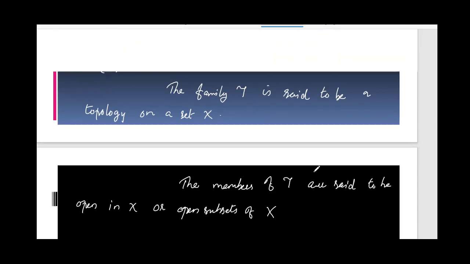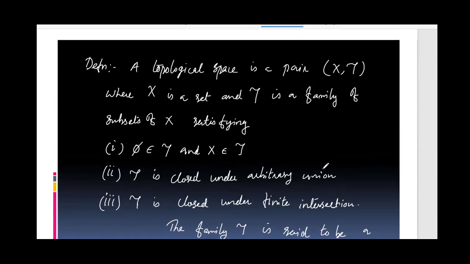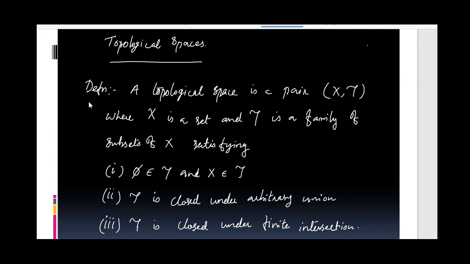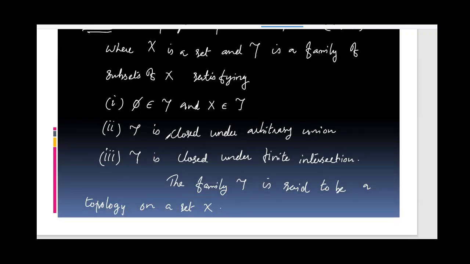So this is the definition of topology. You should be very thorough with this definition, then only we can move further. A topological space is a pair (X, T) where X is a set and T is a family of subsets of X satisfying three conditions. First, the empty set and the entire set belong to this family. Second, this family is closed under arbitrary union.